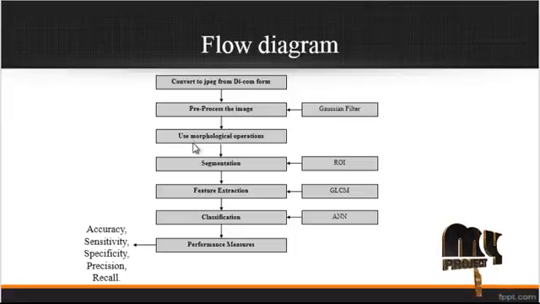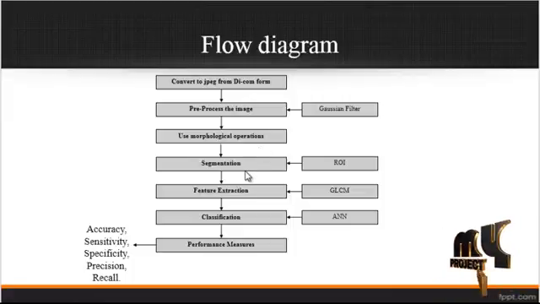After the pre-processing, the morphological operation is used to extract the region of interest, which is known as the segmentation. By using the morphological operation, only the affected portion is extracted and the remaining background is eliminated.